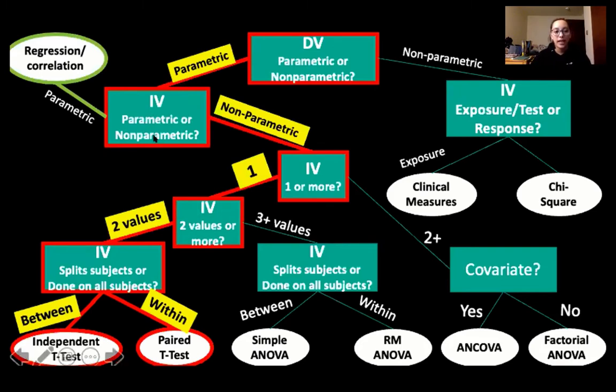But once we've decided that our independent variable is nominal or non-parametric, we then have to look at how many independent variables we have. In a t-test case, as well as ANOVAs, we're only going to have one independent variable. However, that independent variable can have multiple levels or subcategories, which is why it's a nominal type of data.